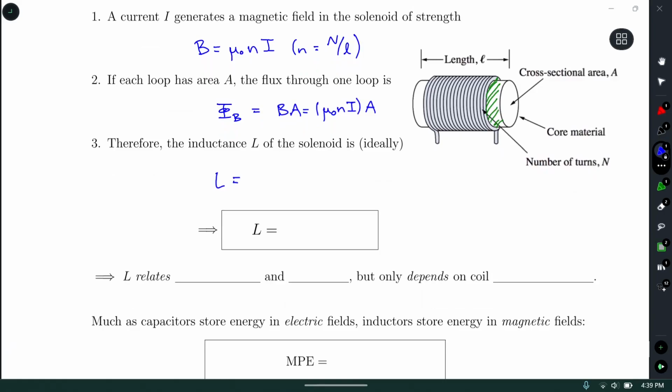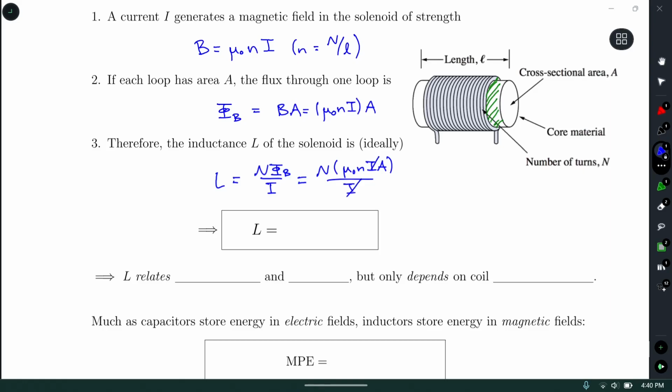So from above, we just put all this in for B times area. And then inductance is how much flux we're getting through the entire solenoid over the current we're putting in. I'm dropping the 1 subscripts because now we just have one coil to look at. There's not a secondary. So I'll put in what I found in step 2 for that flux, mu naught N I A, divided by current.